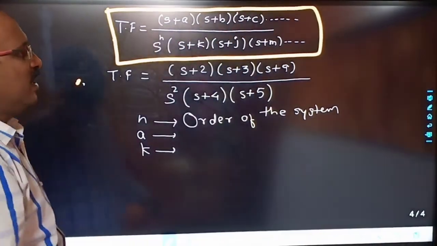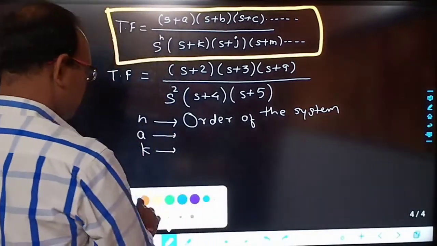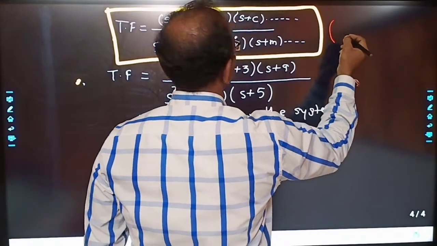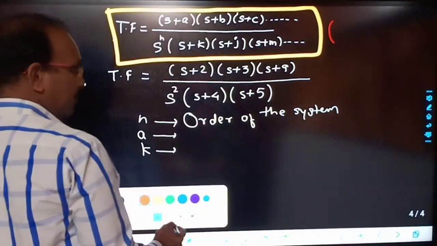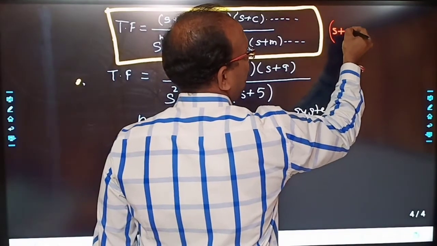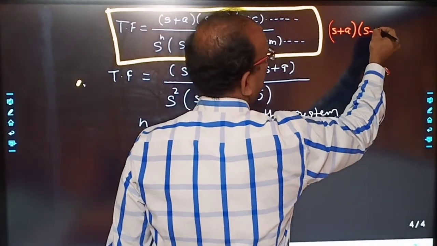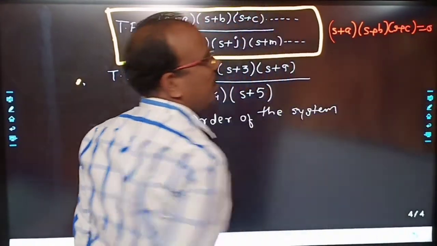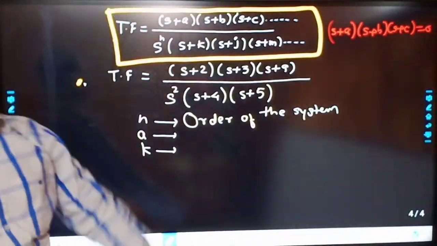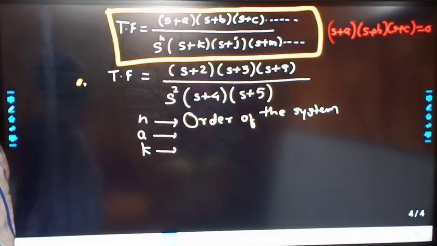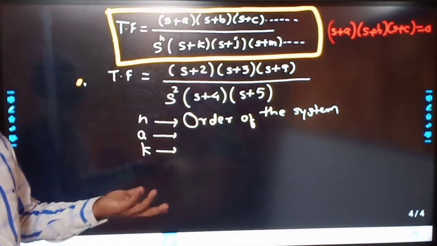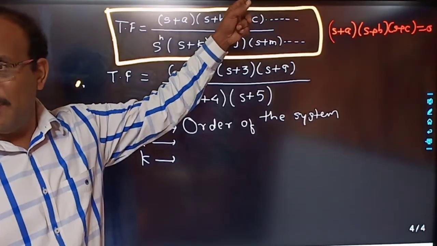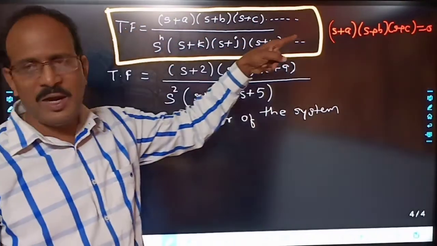So upper part, here I write s plus a, s plus b and s plus c. I want to make the 0. This denominator I want to make 0. What to do? What will be the value of s and what will be the value of that a, b, c? Okay. So if I want to make numerator 0, sometime I want to make denominator 0.